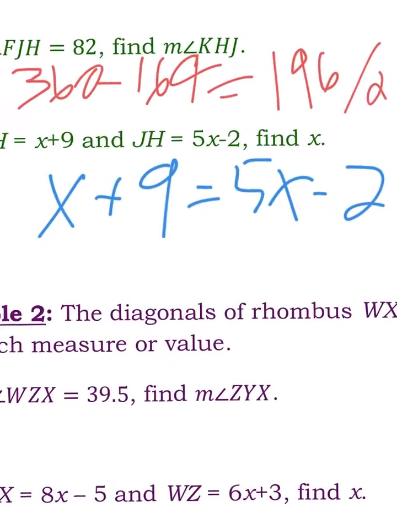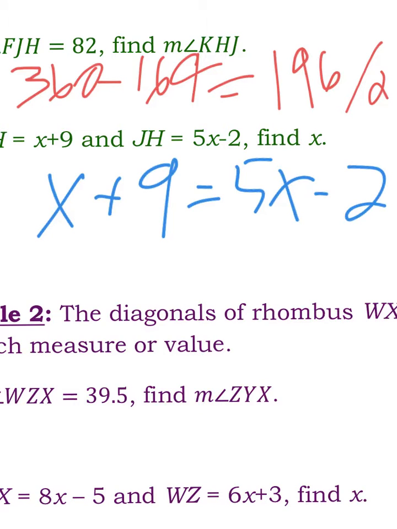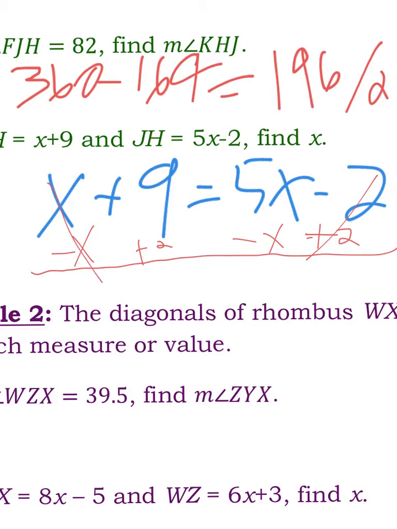Alright, so I can add 2 over, and then I can minus x over. So this is adding 2, that cancels. That cancels. I got 11 equals 4x.